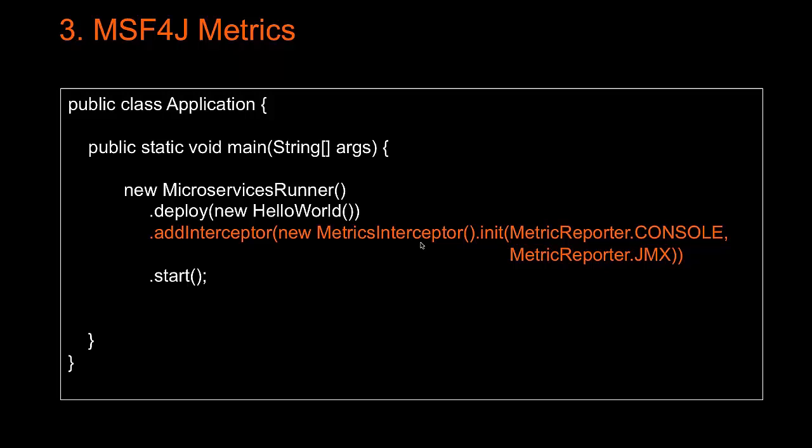It is already available out of the box, so you have to add that interceptor. If you want to monitor the WSO2 microservices with any third-party analytics platform, you have to write your own metrics interceptor. This is available out of the box for WSO2 DAS, and it can also publish the monitoring statistics to the console or JMX. So let me try that.